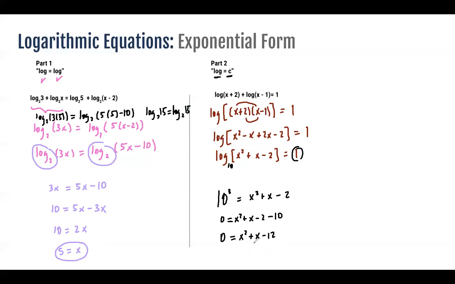Now we need to factor this equation. We could use the quadratic formula or any method of your choosing in order to find the solutions. So let's see if we can factor this out. We need two values that if we multiply them, we get a 12, and if we add them, we get a 1.